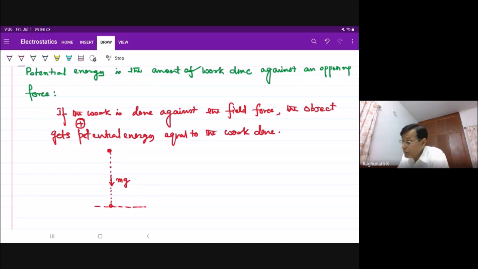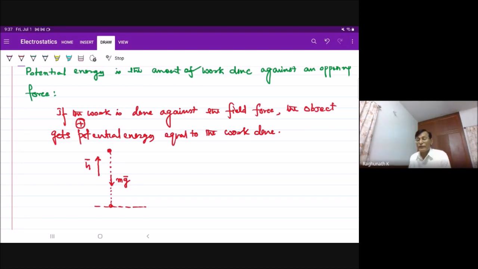And the displacement produced is h in the upward direction. mg bar is in the downward direction, mass is scalar. Acceleration due to gravity is in the downward direction. When it is displaced through a height h vertically in the upward direction, that is h bar.